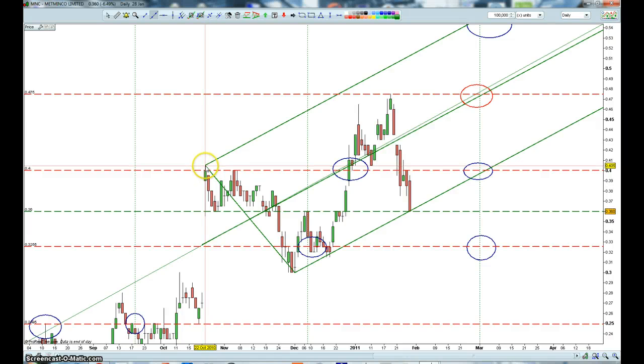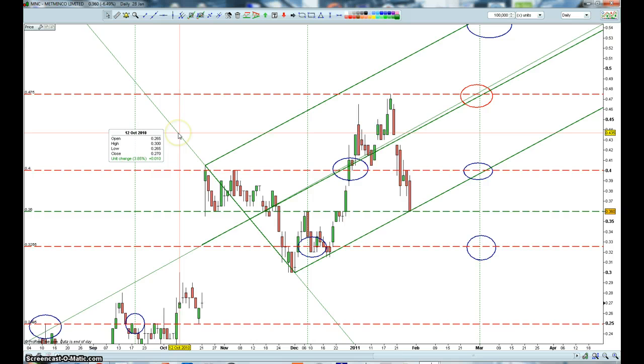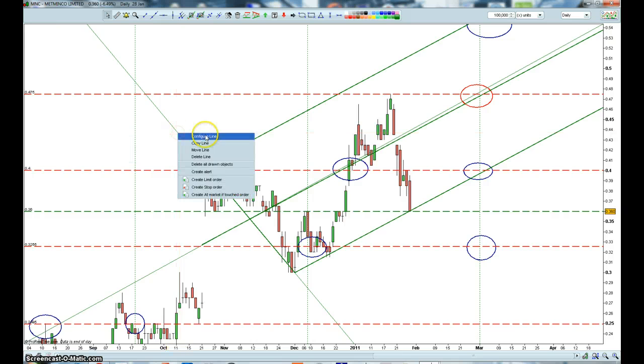I'm going to draw another line there, taking that diagonal. The action-reaction lines on a fork are trading lines. You use them like support and resistance. Price responds to them, and they're very useful for trading. So I'm going to do that one.